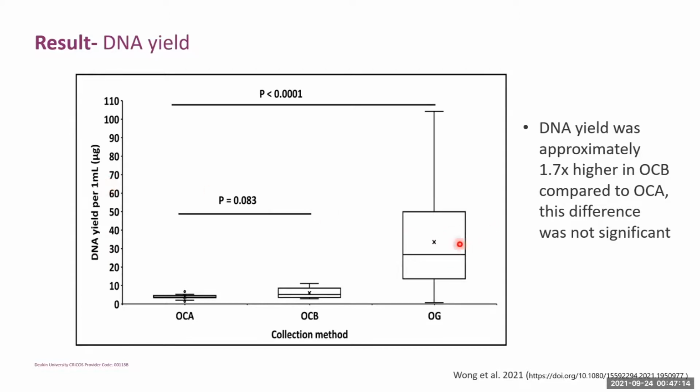Saliva samples show a significantly higher mean of total DNA yield per ml, around 8.2 times higher compared to oral sponge collection methods, both OCA and OCB. Although the DNA yield was approximately 1.7 times higher in OCB compared to OCA, this difference was not significant.